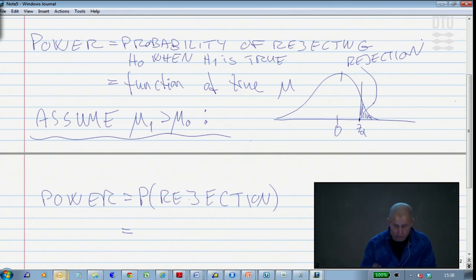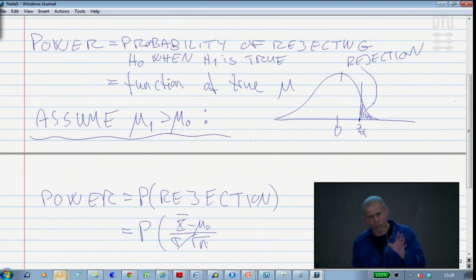We reject the hypothesis test if the observed difference between the data and the null hypothesis, divided by sigma over root n, is larger than the critical value z of 1 minus alpha.